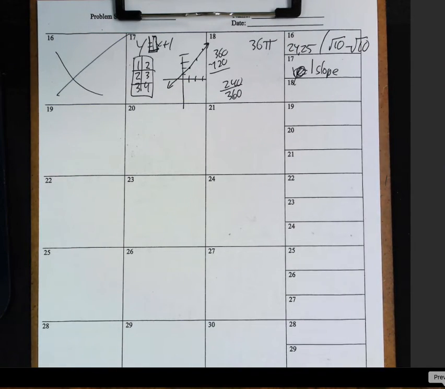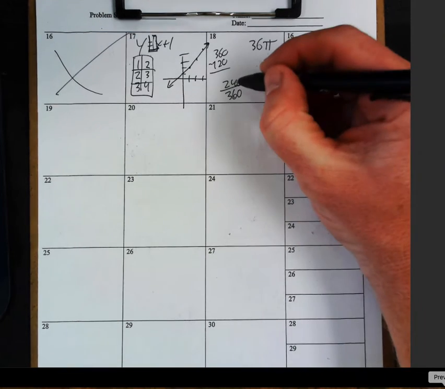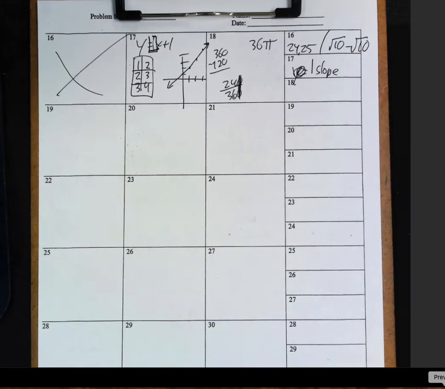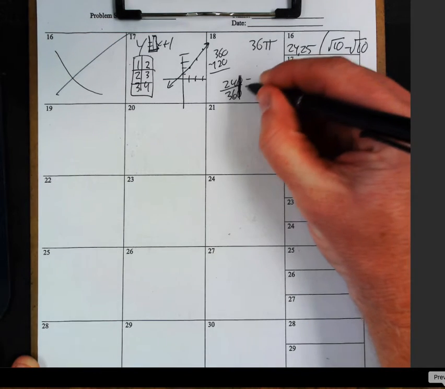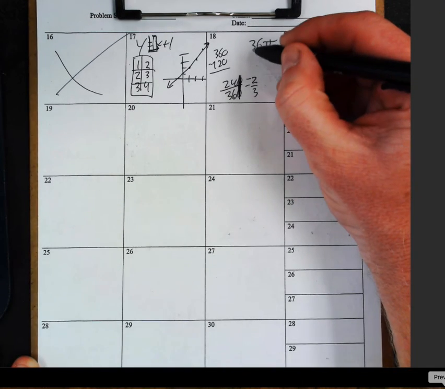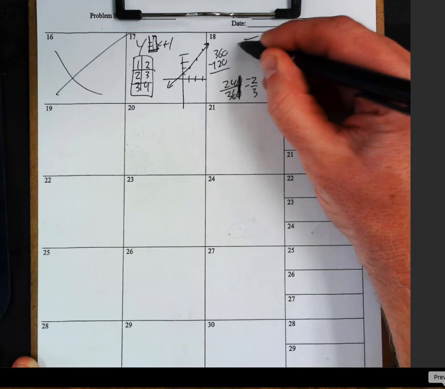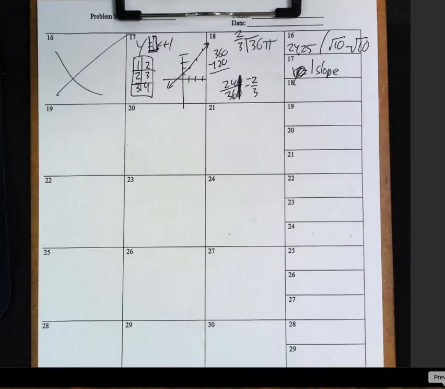I need to do what with that big, huge fraction? I need to reduce it. So we can start with the easy, chop off the 0. Somebody reduce 24/36 for me. 2/3. Now I need to figure out what is 2/3 of 36. 24.